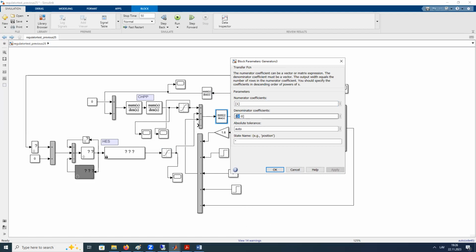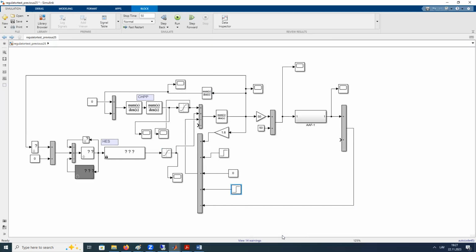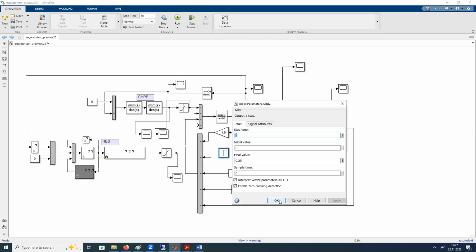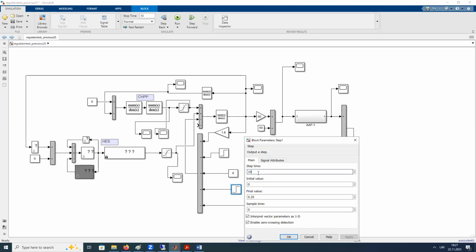It's 10 seconds of inertia. Here we got the deficit. Sorry, I just forgot. Here we got two step blocks. So at time step 5 seconds a deficit appears, and the second one appears at time 10 seconds.